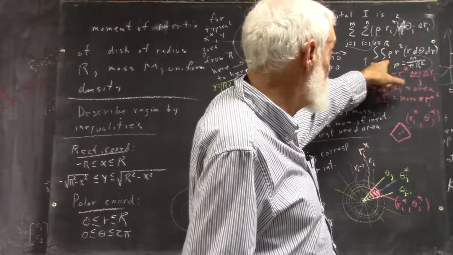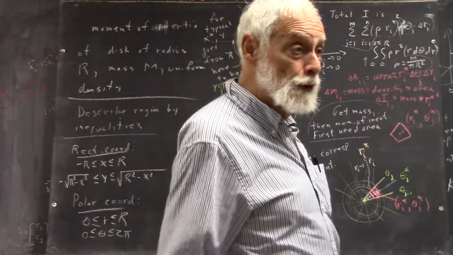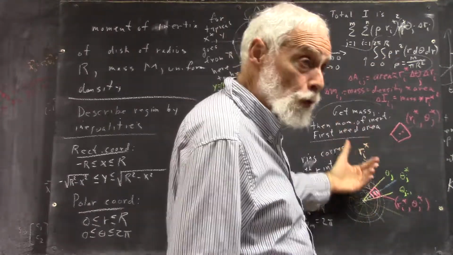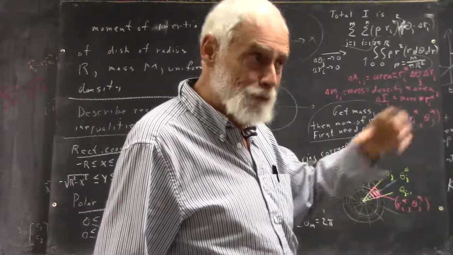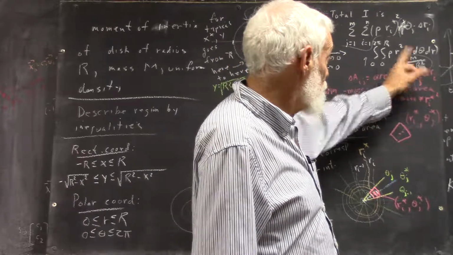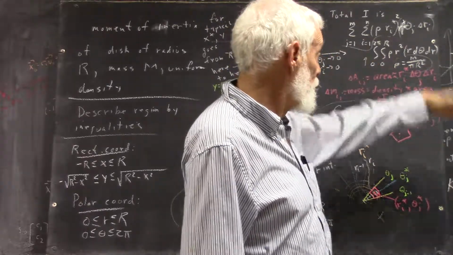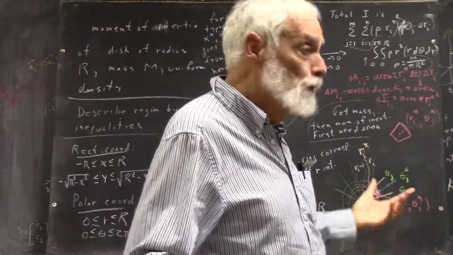So if I give you some density function, you still know what to do. Everything we did works, which is why I didn't originally figure out the density. I wanted to do it for general density. In this case, you have a constant density, so rho comes out, and you just have to integrate. You get r to the 4th over 4 times 2 pi.